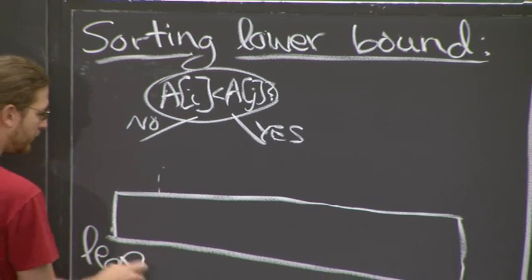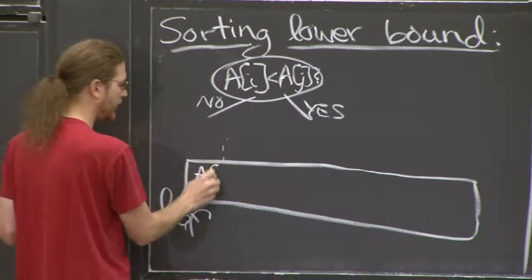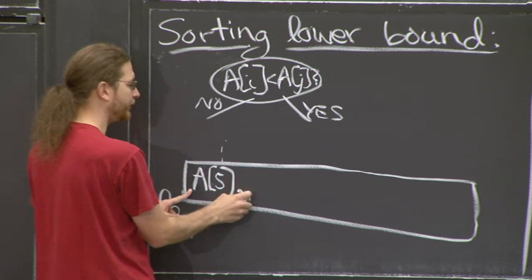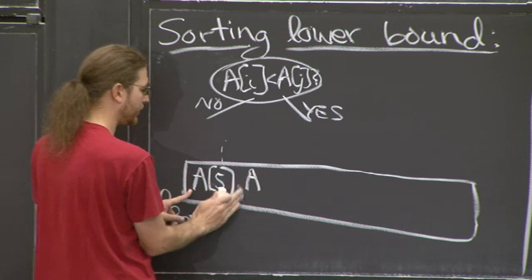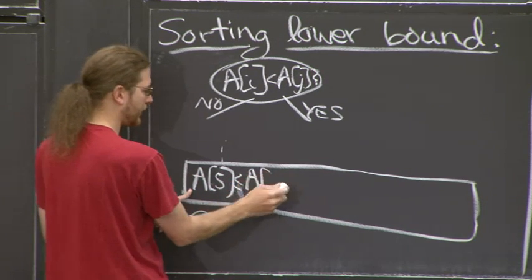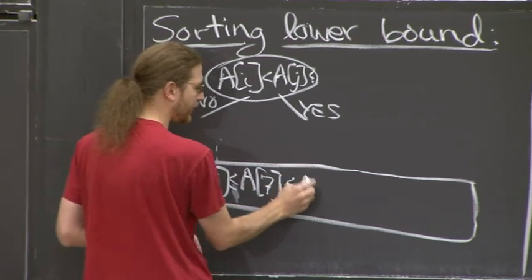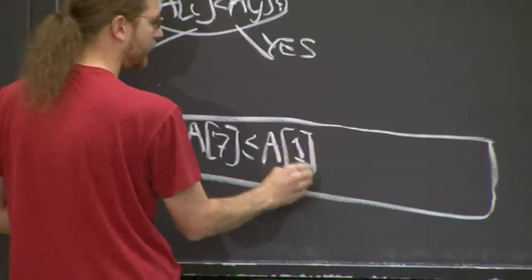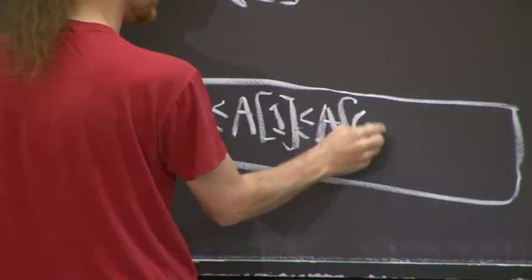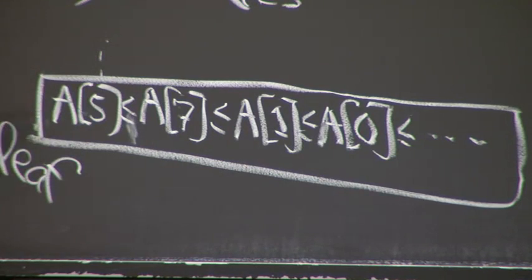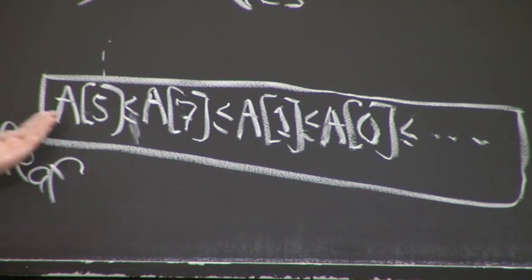A leaf will look like this. I took the original A5, and that turned out to be the smallest element. Then I have A7, that turned out to be the next smallest element. Then A1. Then A0. Whatever. At the end, somehow you know the sorted order, and you can just write it down.